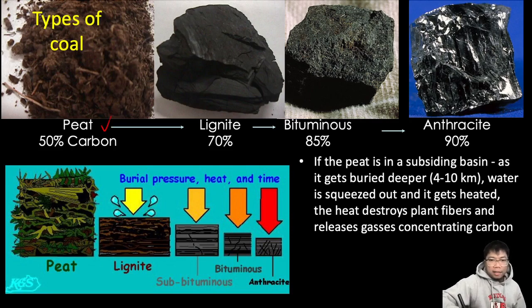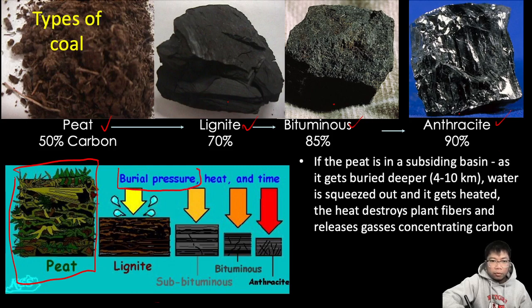We have peat, lignite, bituminous, anthracite. Peat actually looks like soil, really, with some high organic matter content in it. The process of creating lignite, bituminous, and anthracite from peat involves pressure through burial. It also involves increase in temperature as well as time.